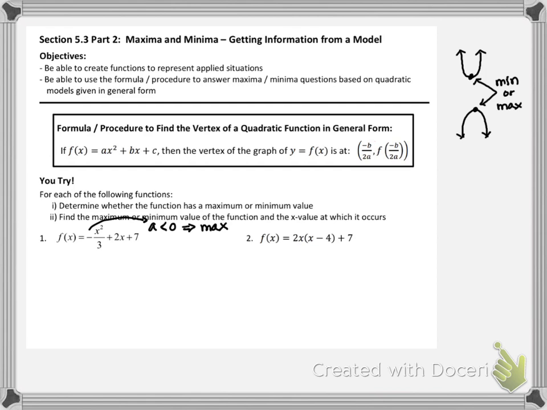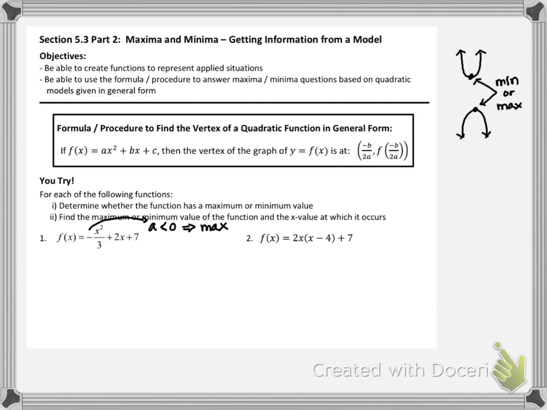And so now let's find the maximum or minimum value of the function and the x value at which it occurs. Notice that in this statement, they say it in the opposite order that you will find it. You always find the x value first, because that's what the vertex formula gives us, and then we'll plug it back in to actually find the maximum value.